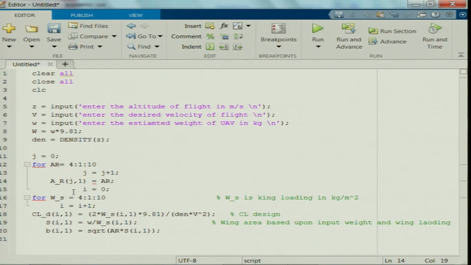Okay. So, now aspect ratio is an input, S is an input to find out what B is based upon wing loading and the initial weight. So, we figured out what S is here, right. So, if you want me to change this to small w underscore, that will make more sense. Small w is in kg, right, and kg multiplied by 9.81 will be newtons, right.